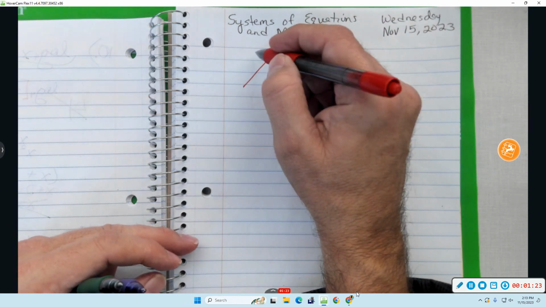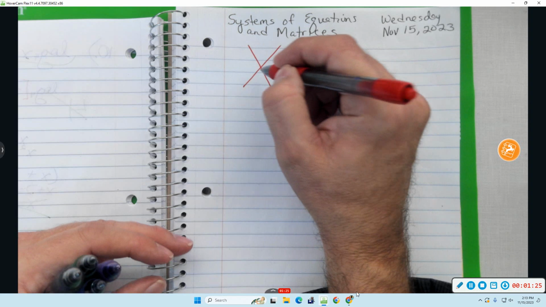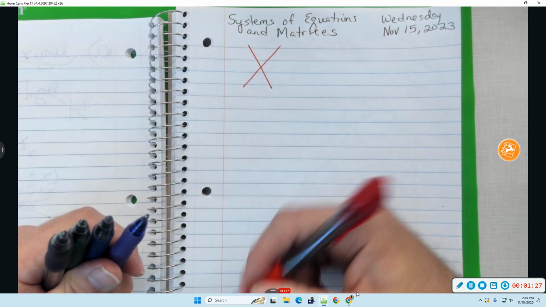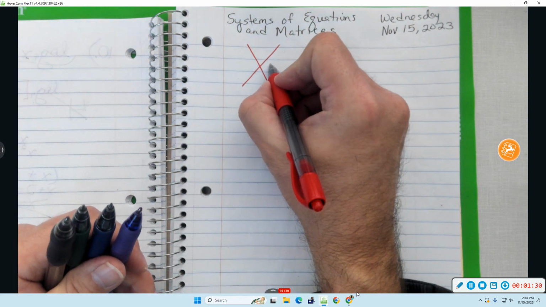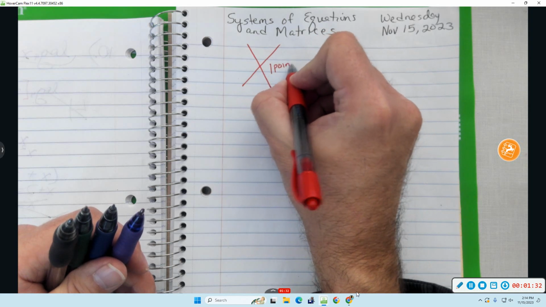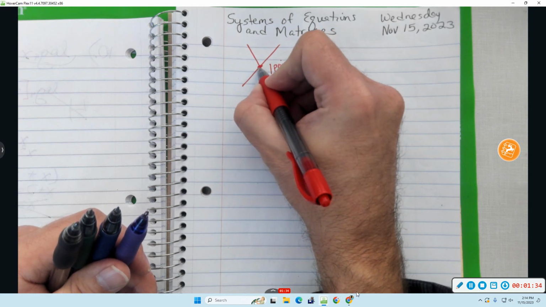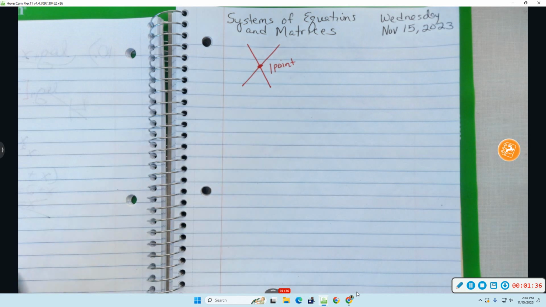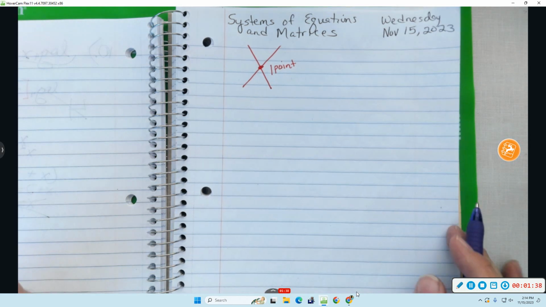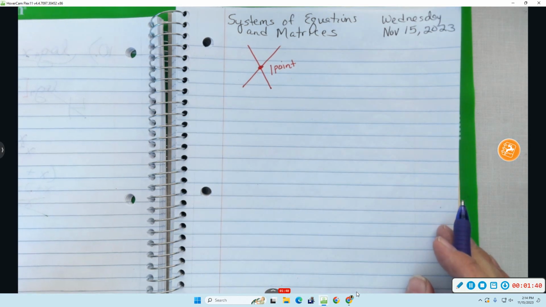If you drew two slanted lines like that, intersecting at one point, that's one unique solution. That system of equations has one unique solution. Solving a system of equations means finding the point or points of intersection.